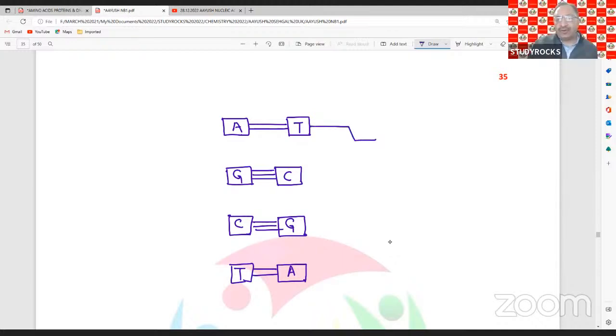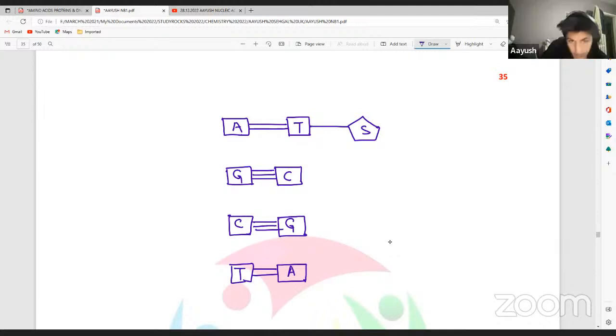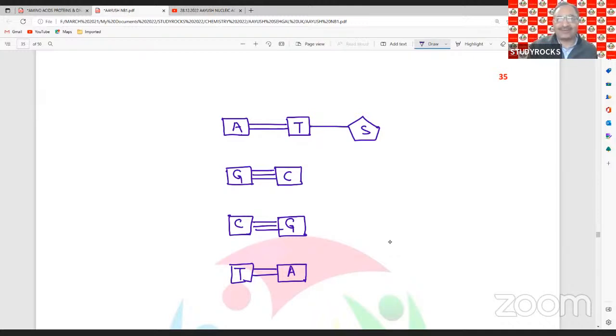On one side, you draw this pentose sugar like this. The simplest way to write pentose sugar. You understand this? It cannot be further simplified. We are drawing a cyclopentane and then putting S over here.